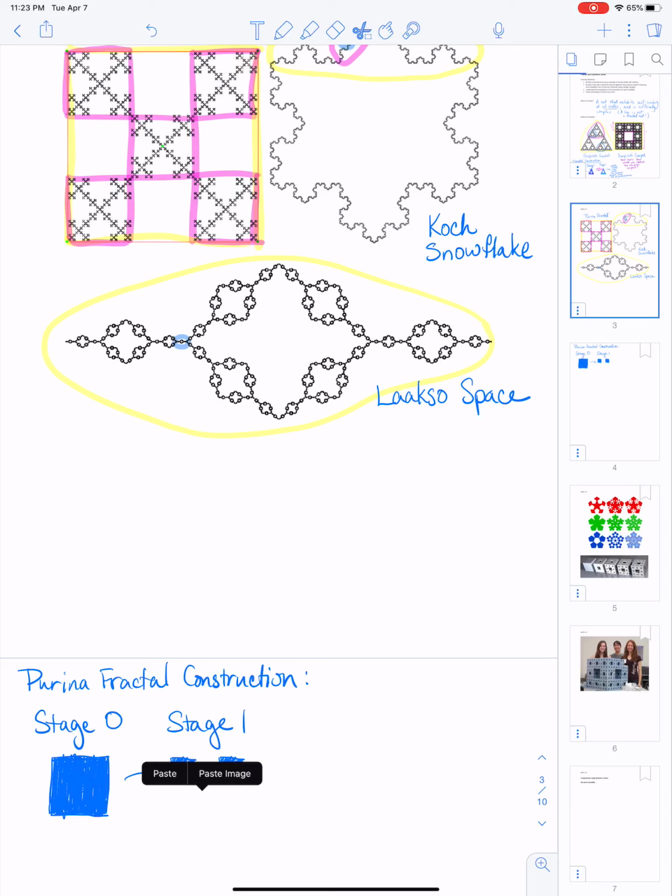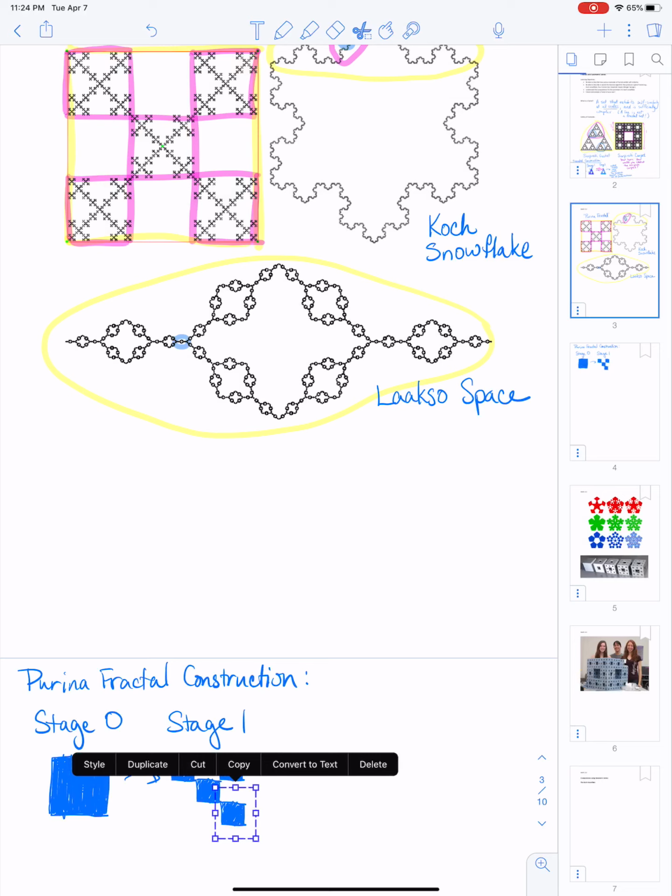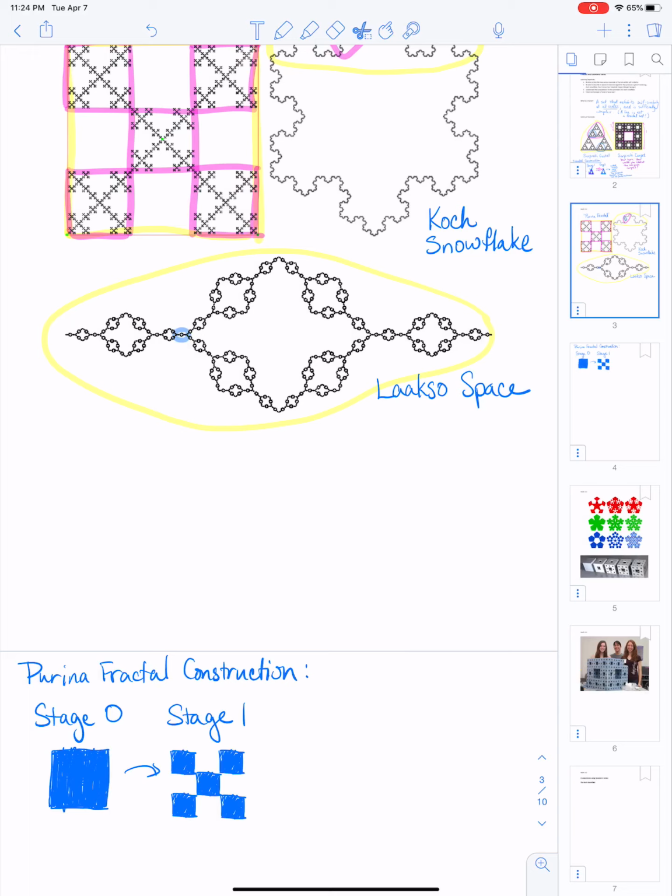I think I have to move it while it's there. Then we'll add this one here, and we'll add one more here. Now I've got my stage 1 fractal.